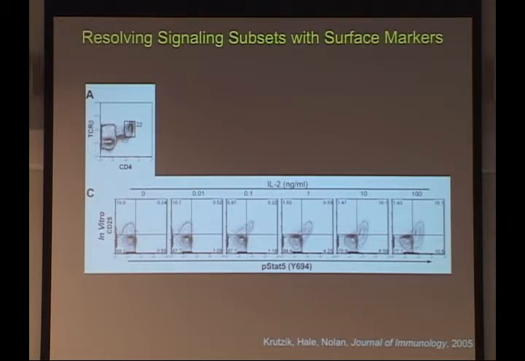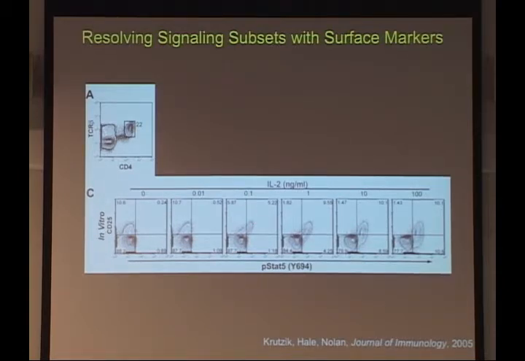If you looked at TCR, CD4, gated on those, and you had your CD4 positives, and now you look at CD25 on the y-axis, which is the high-affinity IL-2 receptor, and then STAT5 on the x-axis. What you can see is you start to dose in IL-2 from low to higher doses going across. You can start to see this population right here of the CD25 highs are the first ones to respond to IL-2, which is what you would expect, obviously, if you stain for IL-3 receptor or IL-7 receptor or something like that.